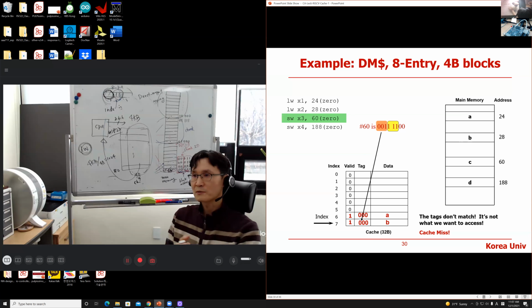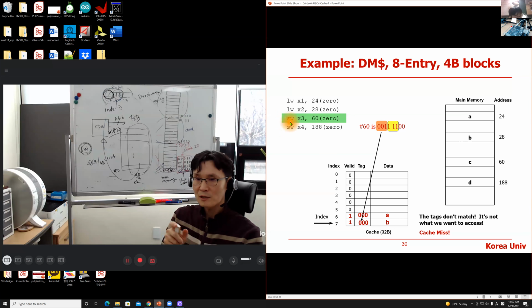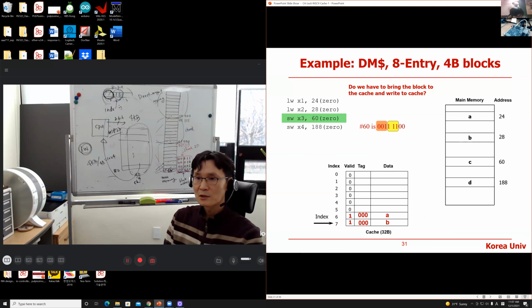The tag does not match, so cache miss. Then what should happen? What do you think? What is the purpose of that instruction? You want to update memory with X3 data. So the question is, do we have to bring that data into the cache first?